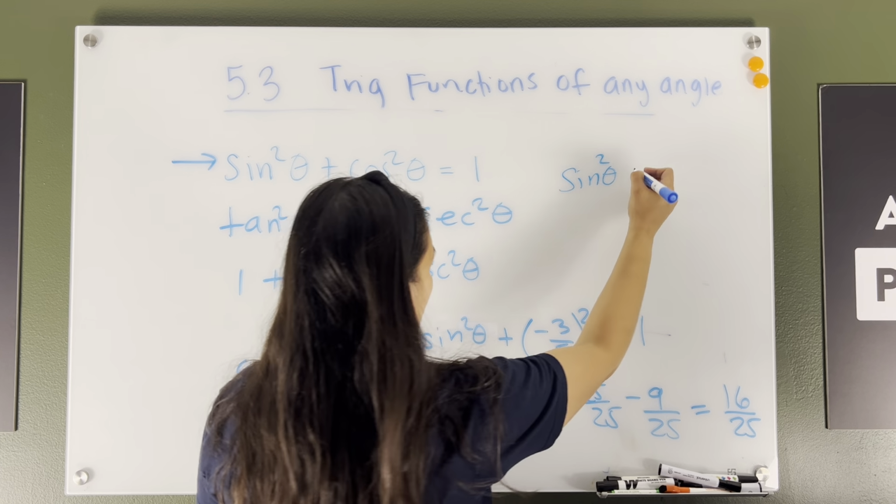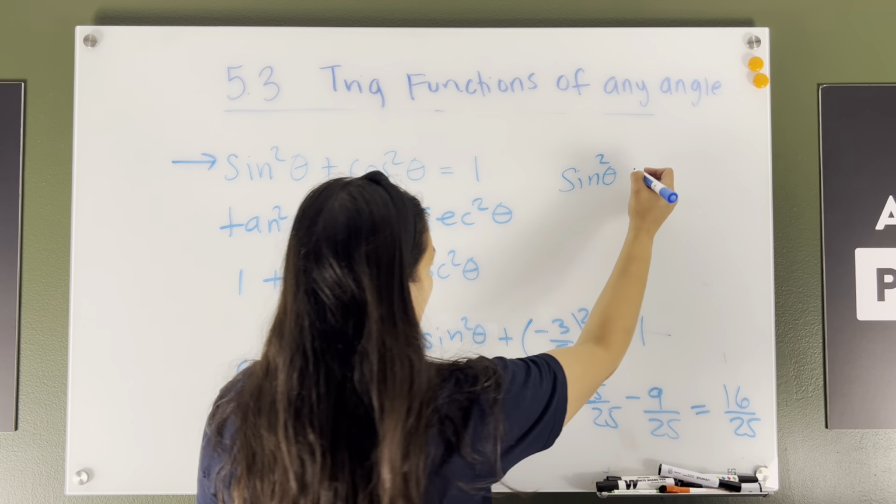But if you look at the second quadrant, where this is from, what would be the sign in the second quadrant, or what's the y value in the second quadrant? It would be positive. Okay, so it's just positive 4/5.